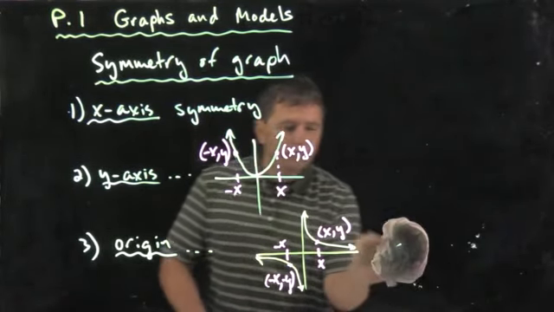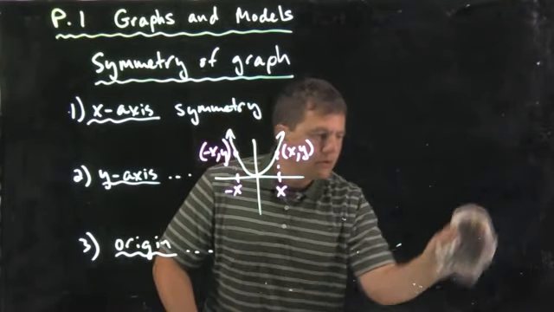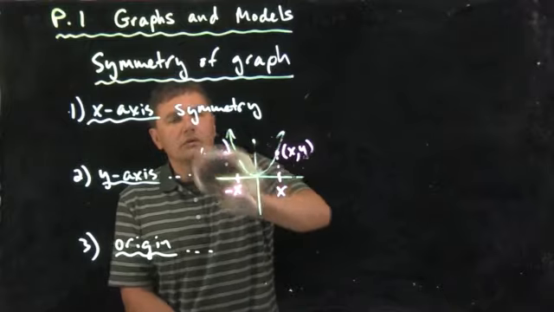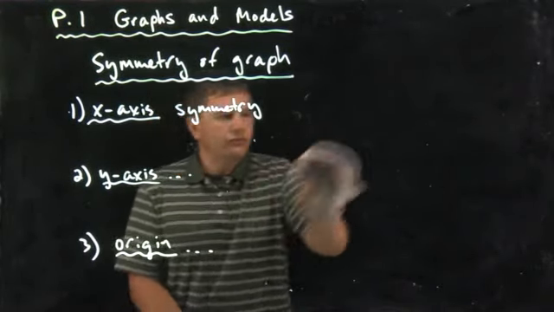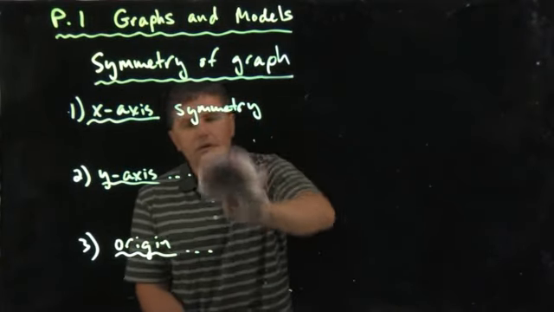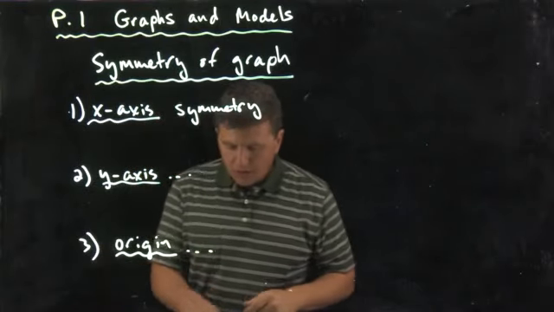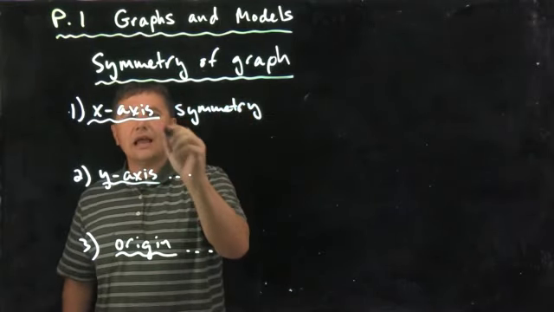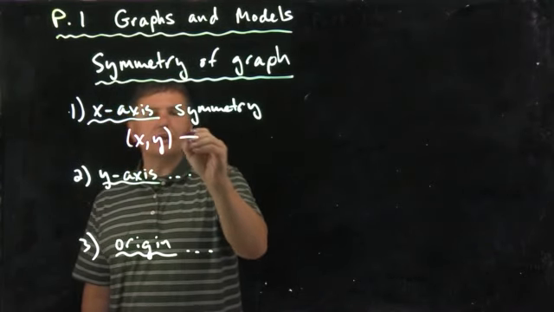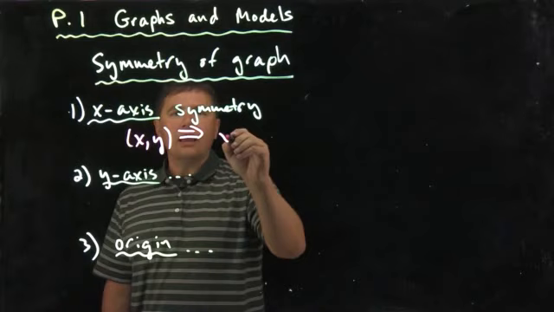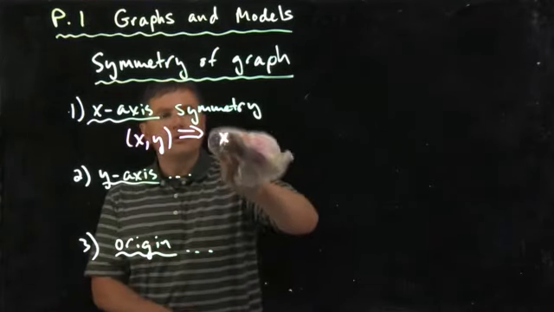And what we're going to use is these points I talked about. So let me just review that. X-axis symmetry means the point x, y is going to be equivalent to the point x, negative y.